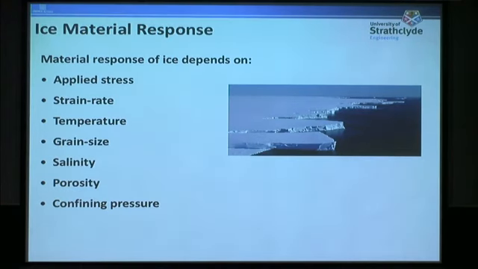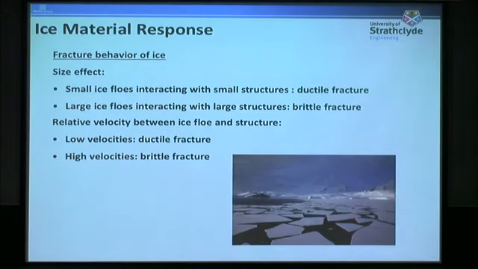Honestly, I'm pretty new to this field, and I believe that most people, when they think about ice, probably think that it's a very simple material by itself. But as you see, it's a very complex material because it depends on many different factors that we need to take into account. And also, from the fracture point of view, depending on different factors, the fracture pattern of ice changes.